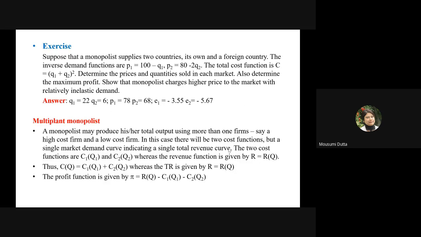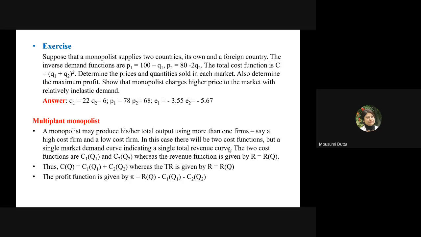So we are moving to this numerical exercise. P1 was given by 100 minus Q1. P2 is 80 minus 2Q2. And the cost equation is C as a function of (Q1 plus Q2) whole square. And you told me that you got these values: Q1 star is equal to 22, Q2 star is equal to 6, P1 star is equal to 78, and P2 star is equal to 68.